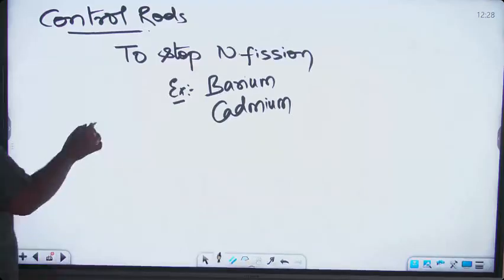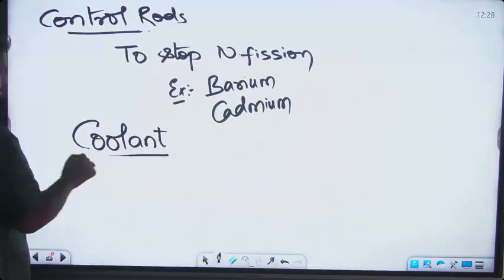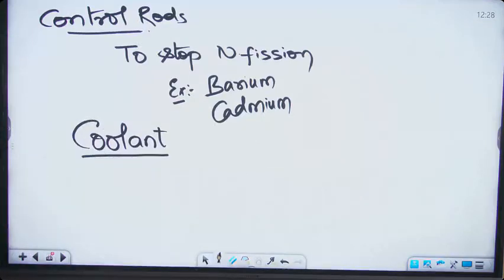Then finally, the coolant. What is the meaning of the term coolant? Cool, right?